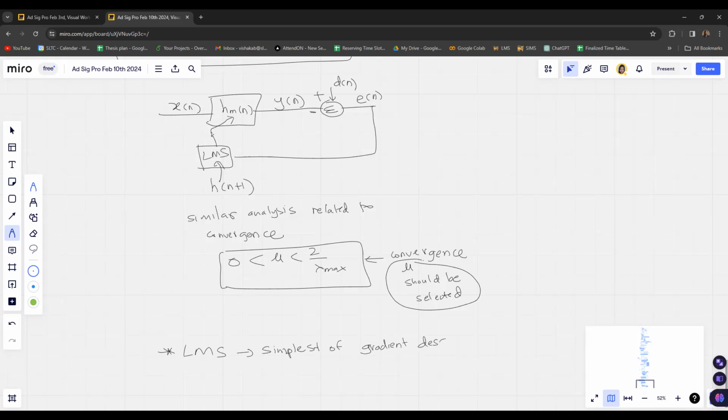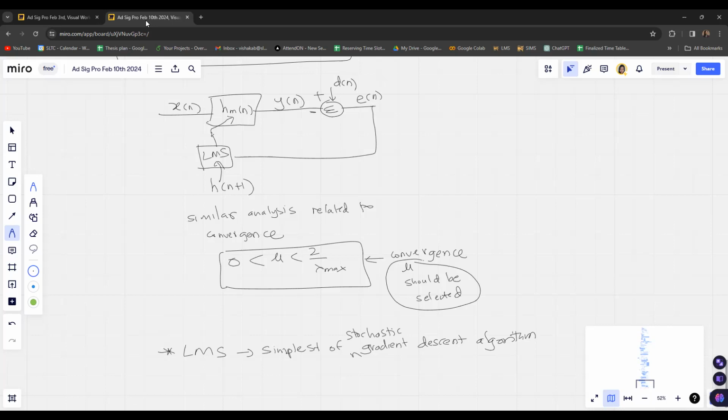You can find more about the gradient descent algorithm, which is similar to this steepest descent algorithm. The stochastic gradient descent algorithm is a very powerful and very efficient method of finding the minimum of a certain function.